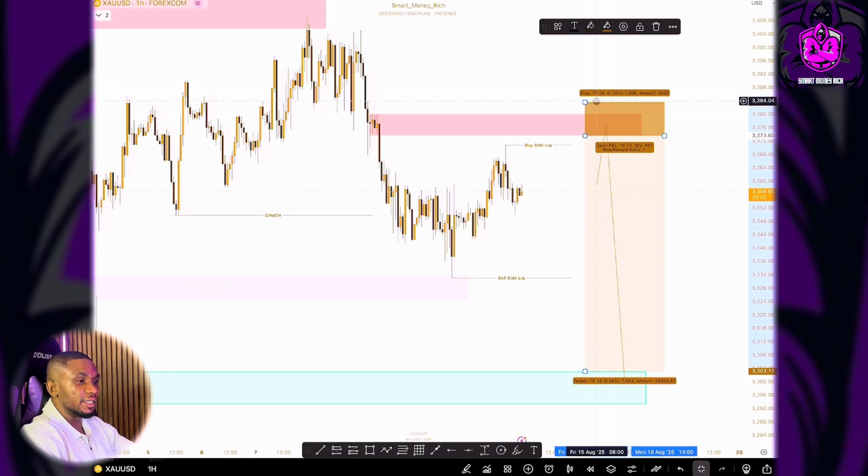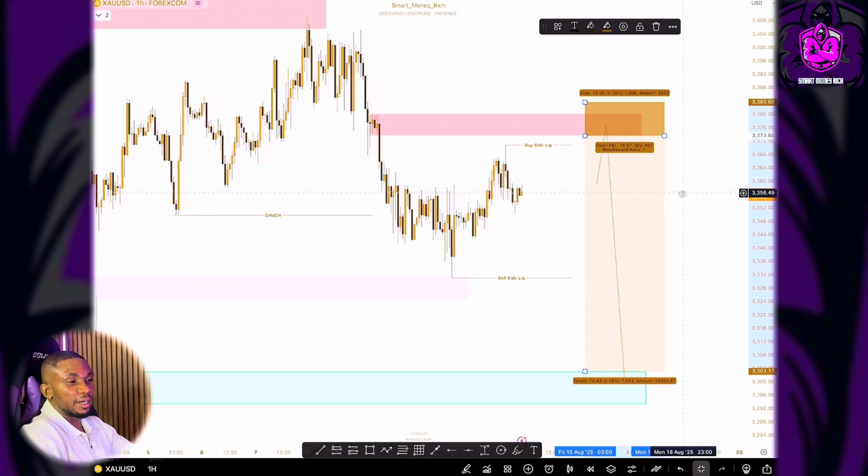So what we have here is 10.06. Remove the 6, you will only have 10.0, which is 100 pips. It means your stop loss from your entry to your stop loss is a total of 100 pips.